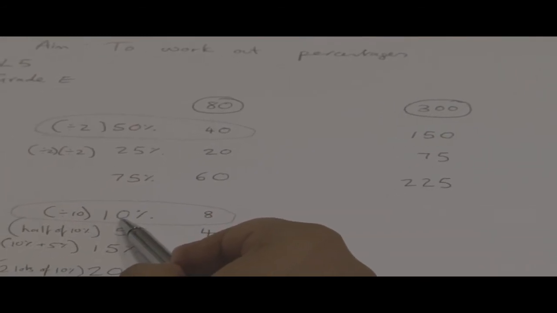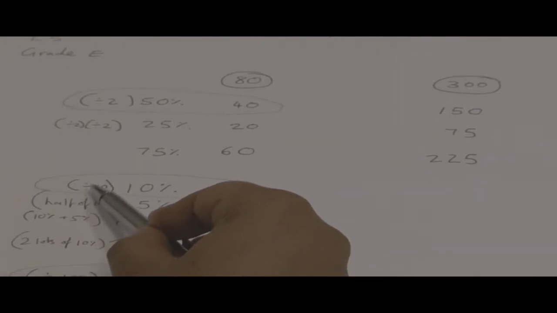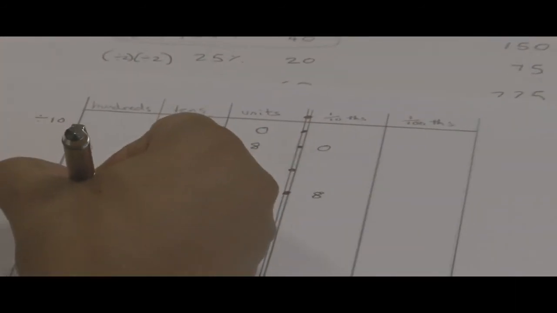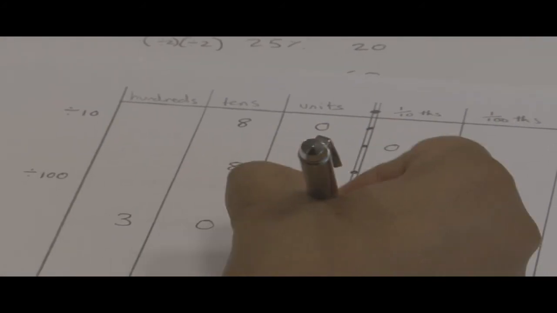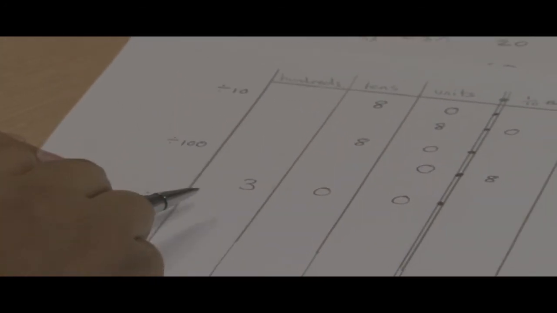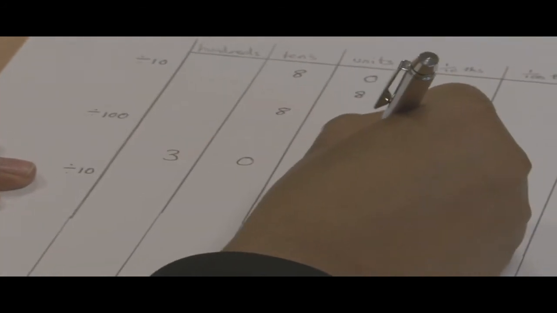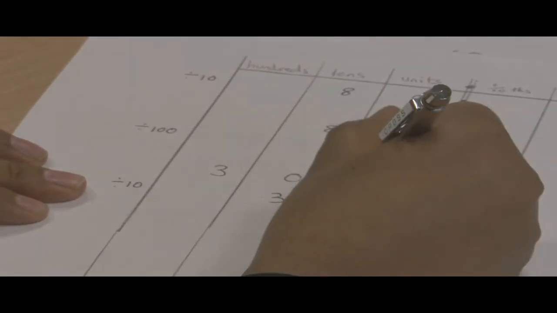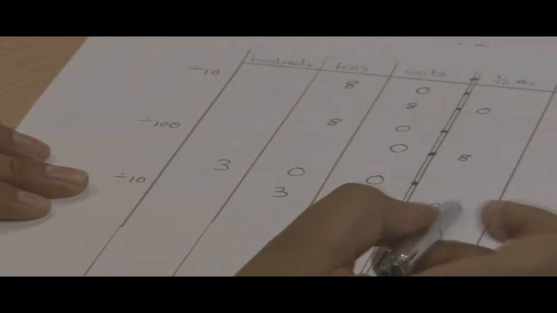Working out the 10% of 300, again, it's divided by 10. Okay, so let's look at our place value chart. We've got 300 there, decimal point does not move. We're going to find 10%, i.e. divide by 10. The digits move one place to the right. The decimal point stays, so that 3 goes there, got a 0, 0 there.